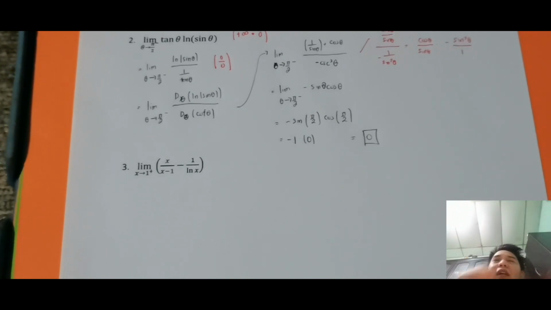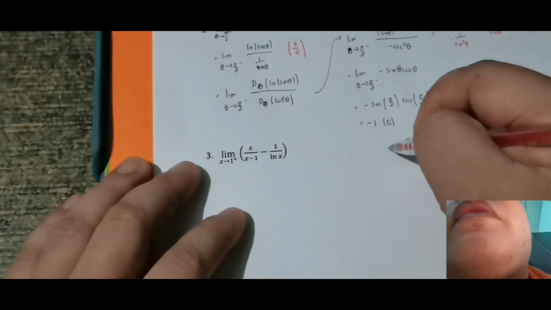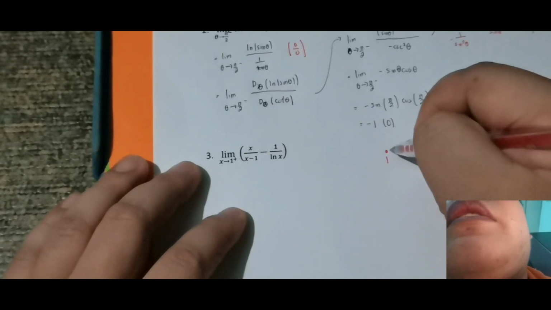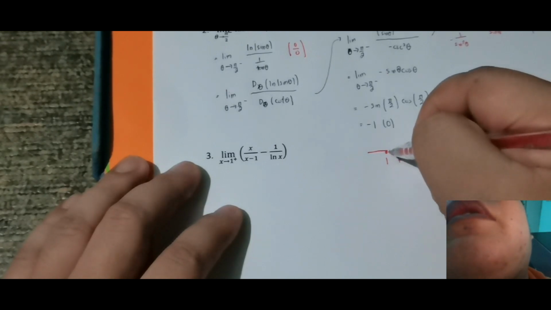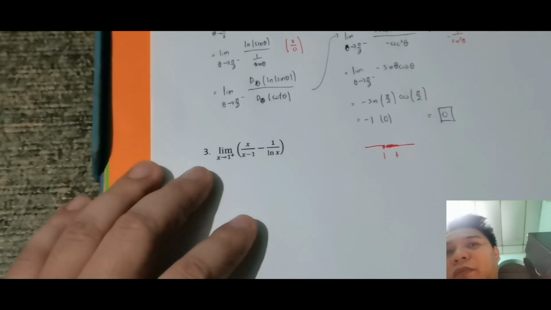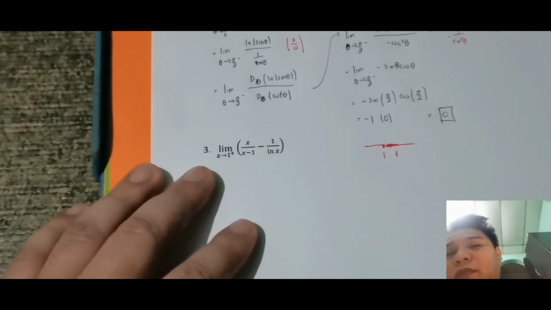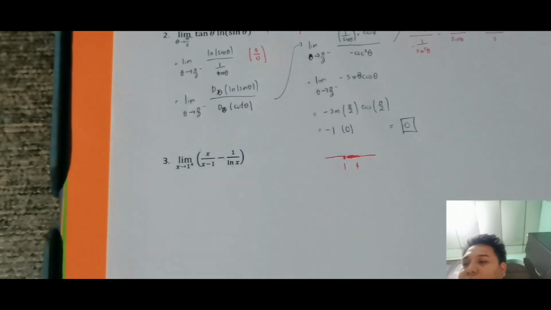Okay guys, sorry. Dito tayo nalilito sa idea ng 1 from the right. Kung ito yung 1, ito yung mga values, so yung from the right niya ay yung mga 1.01 something, pero syempre yung malapit na malapit.